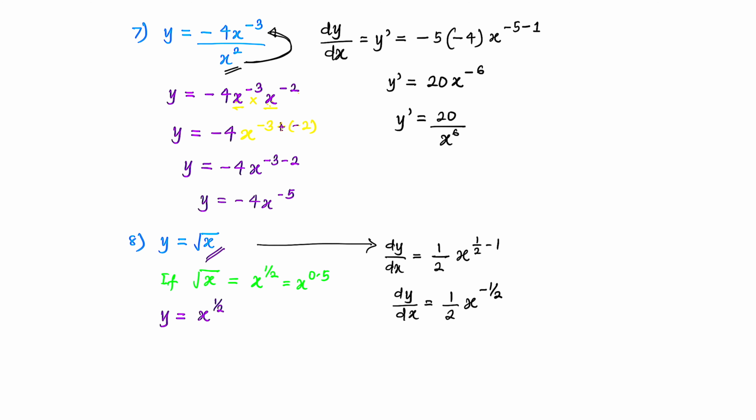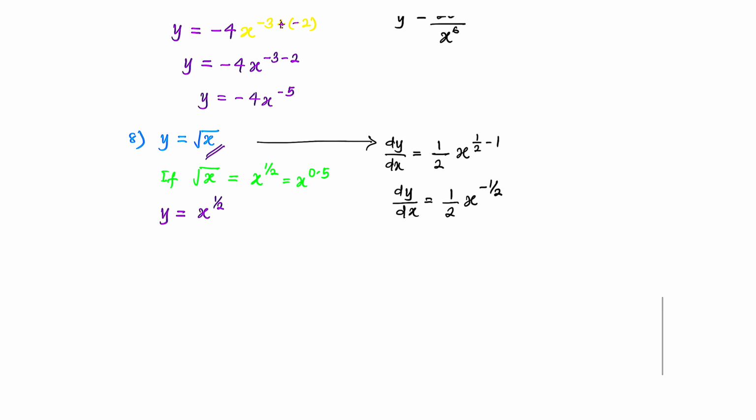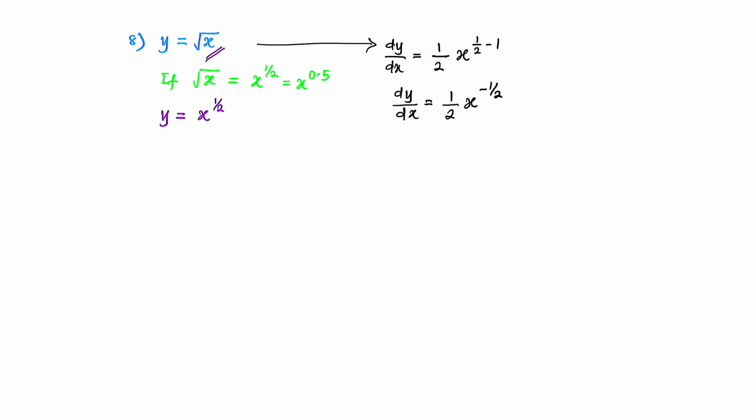So that's the answer. You can leave the answer like that, or you can take it one step further. So rewriting it, dy/dx equals 1 over 2 multiplied by 1 over x raised to power 1 over 2.